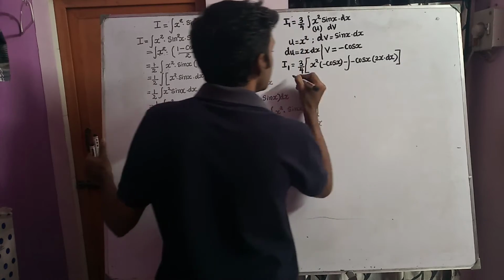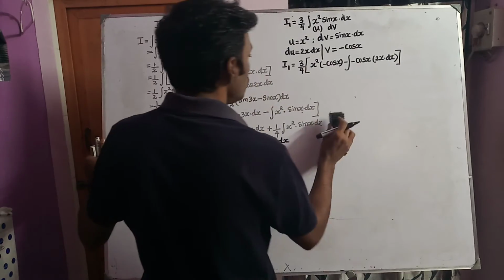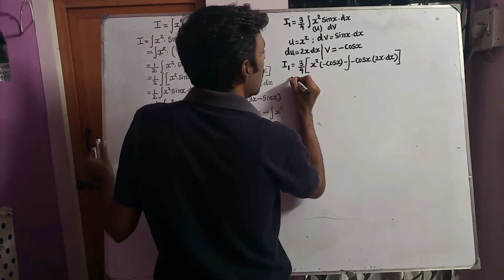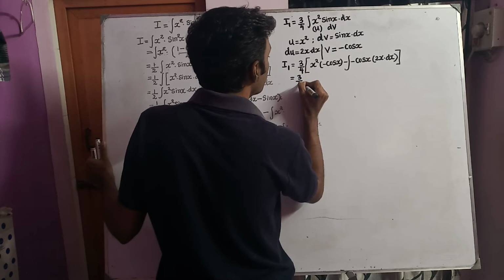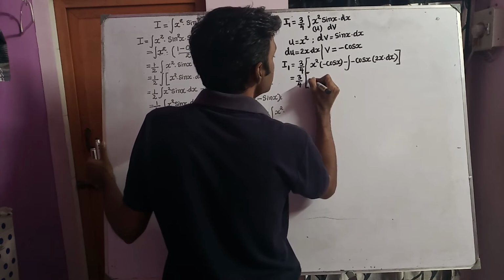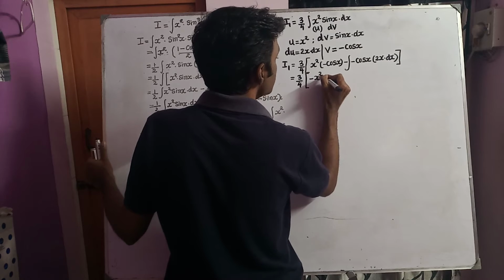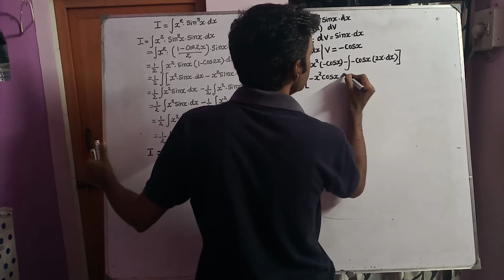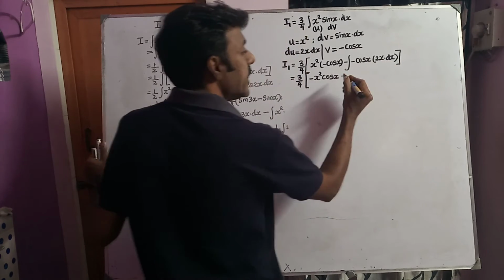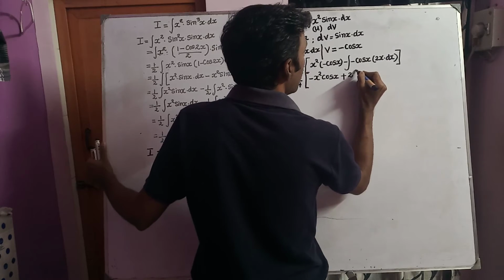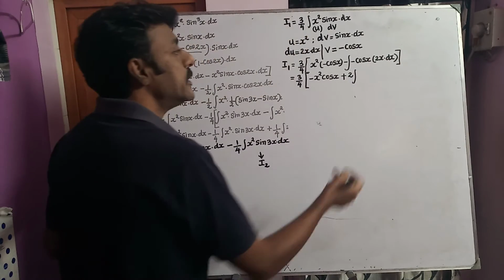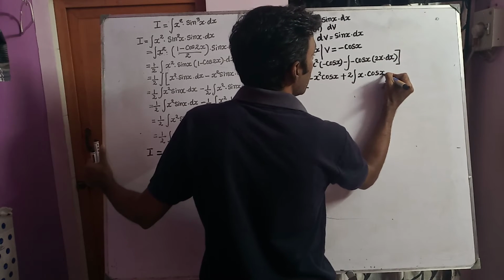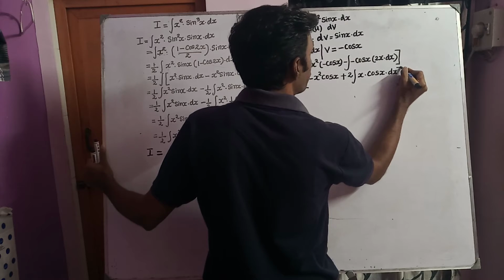Close the bracket. So this will be 3 divided by 4 into minus x squared into cos x, minus into minus plus. I am taking this 2 outside the integral, so it will be 2 into integral of x into cos x into dx. Close the bracket.